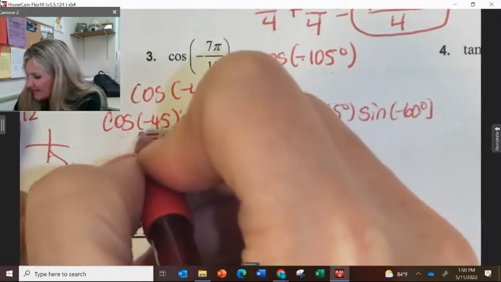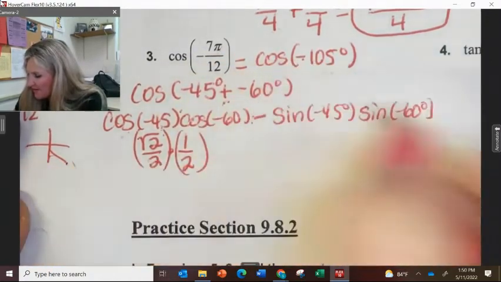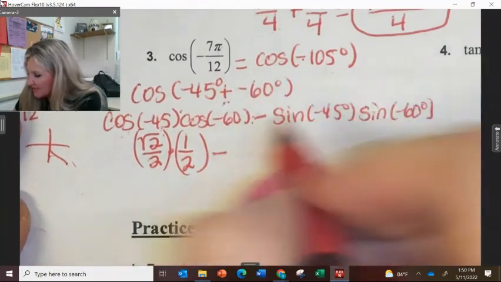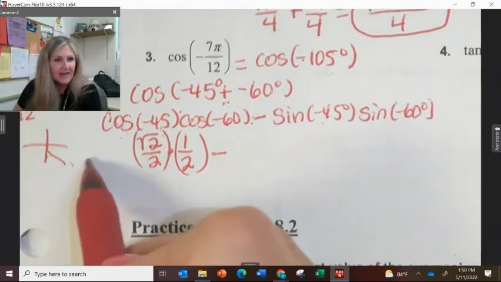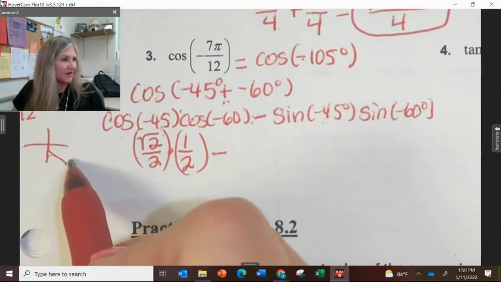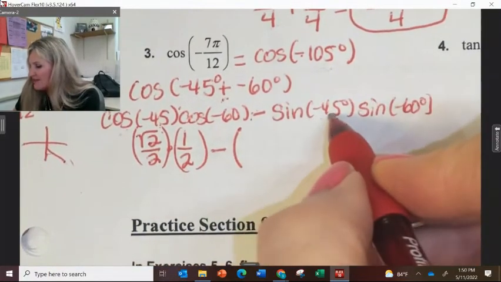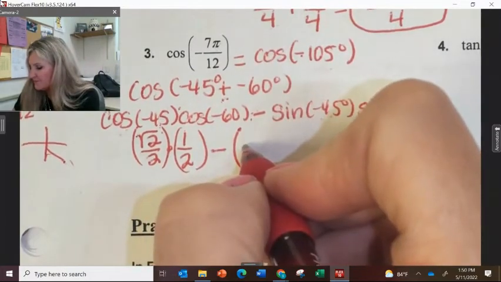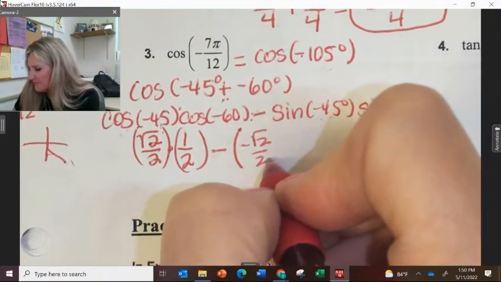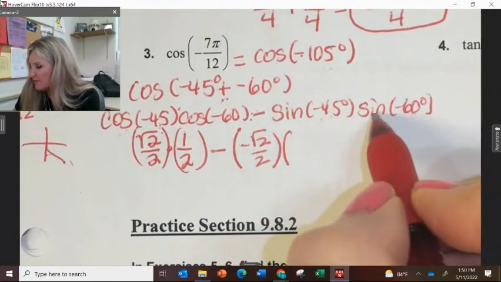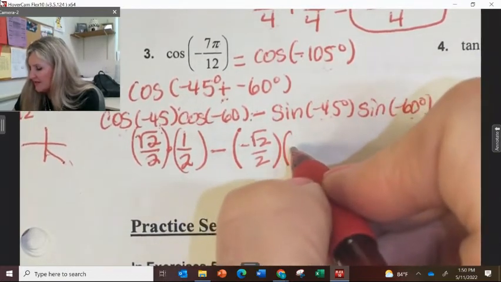Cosine is positive in that fourth quadrant. Now we have subtraction, and now we have sine. Is sine going to be positive or negative in this quadrant? Negative. So what is the sine of negative 45? Great. Times, and what's the sine of negative 60?